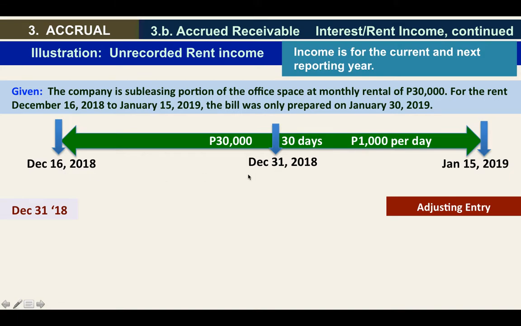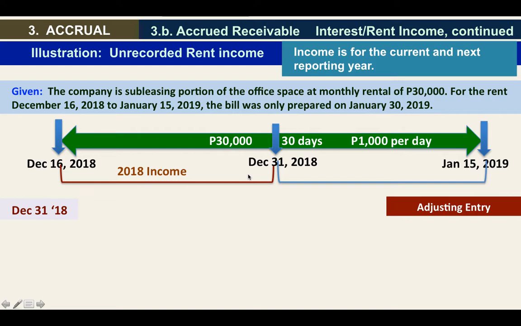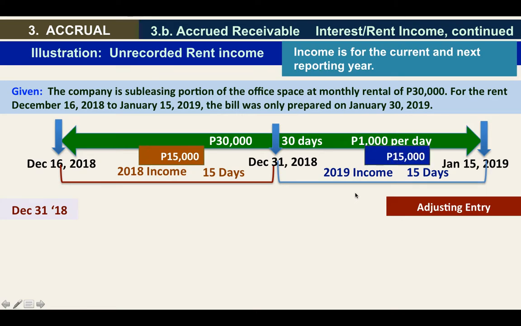December 16 to December 31, that will be the income for 2018. And January 1st to January 15th, that will be the income for 2019. So 2018, you have 15 days, and 2019, you also have 15 days. So 15 times 1,000, you will have 15,000. For 2019, your income will likewise be 15,000.